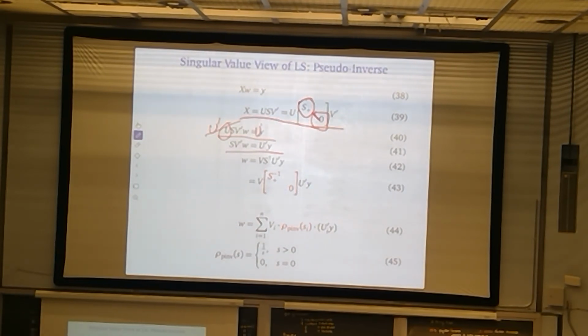And now I need to invert this side, but S, I cannot invert like this. I'm going to take the pseudo-inverse. Pseudo-inverse: for those that are non-zero, I do the inverse. If it's zero, I make it zero. That's the pseudo-inverse, the minimum norm solution you have studied. Now you can see the structure remains, and what's this weight function? If S is greater than zero, it's the inverse. If it's zero, it's zero.